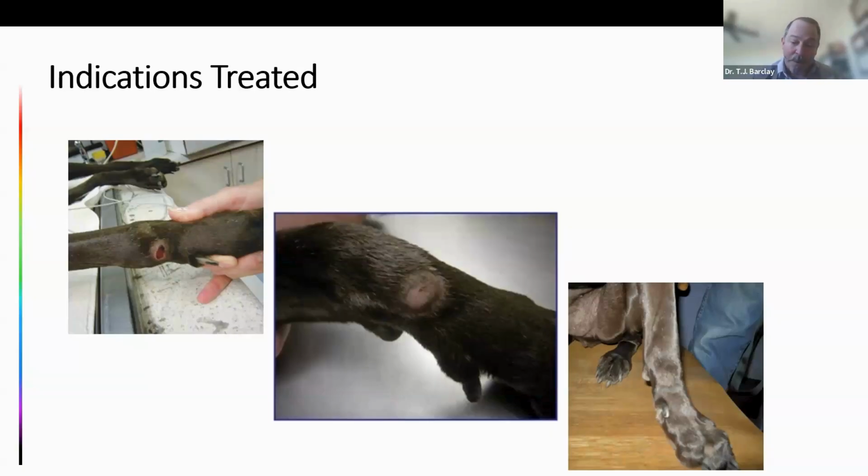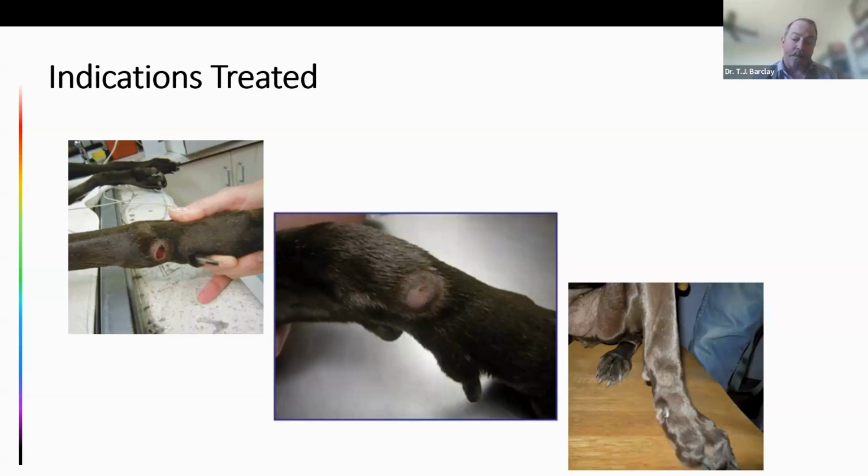This particular one depicted in the image on the left had been present for over a year at that point, and this dog received 2 shockwave treatments, and they were able to successfully get that healed, and that's a very typical response in those dogs.